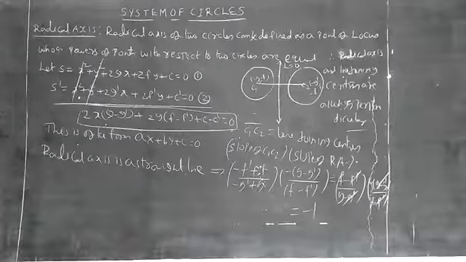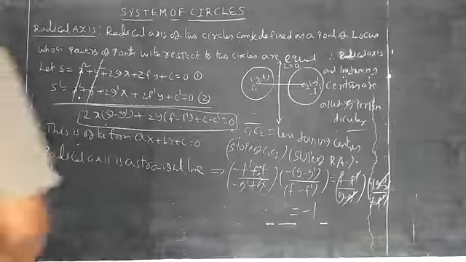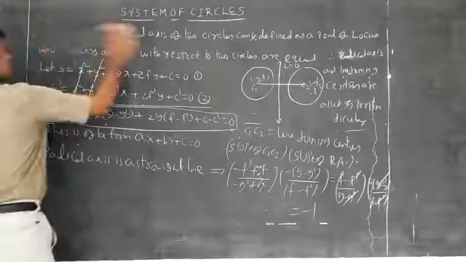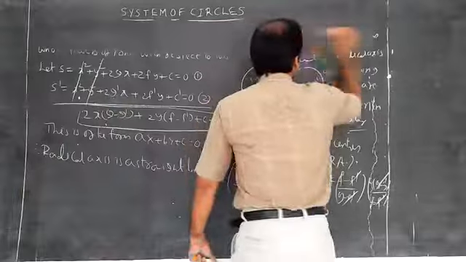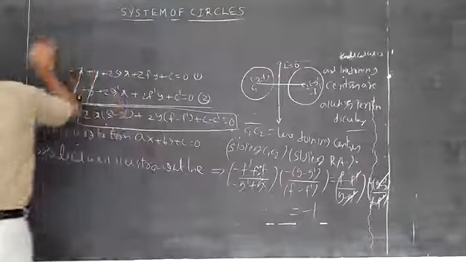Now let us discuss the equation. The equation we have completed. Next, the types of radical axis, and the names and positions of circles and radical axis.